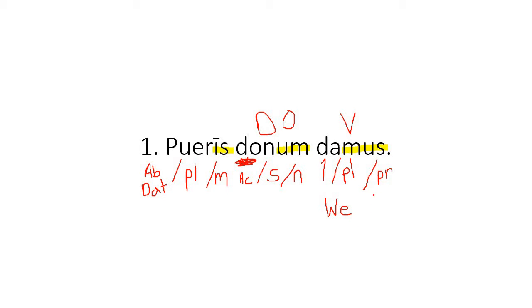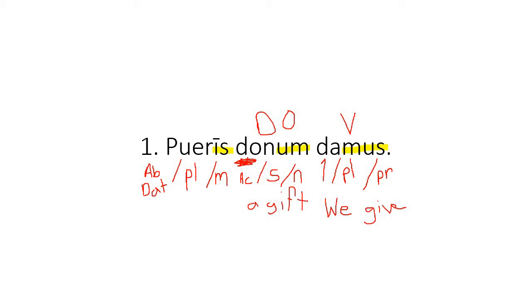So mus is we. So it's just we give. Sorry, you can pretend that actually says we give. All right, donum is a gift or the gift. So we give a gift.